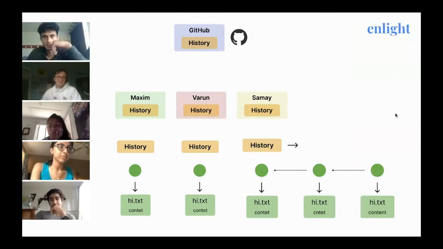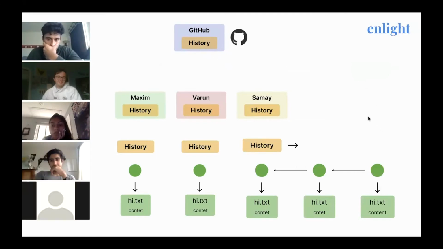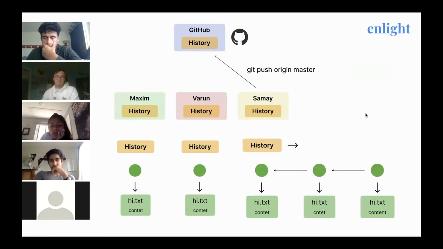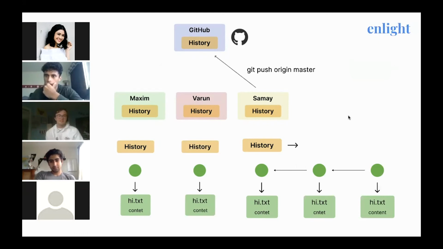And let's just say he wants to share them with us. He can once again push origin master, and Maxim and I can pull it. Yeah. So that's the general idea behind pushing and pulling from GitHub.